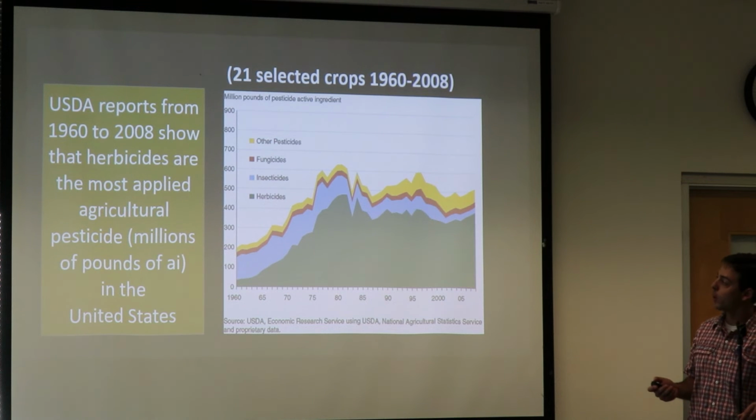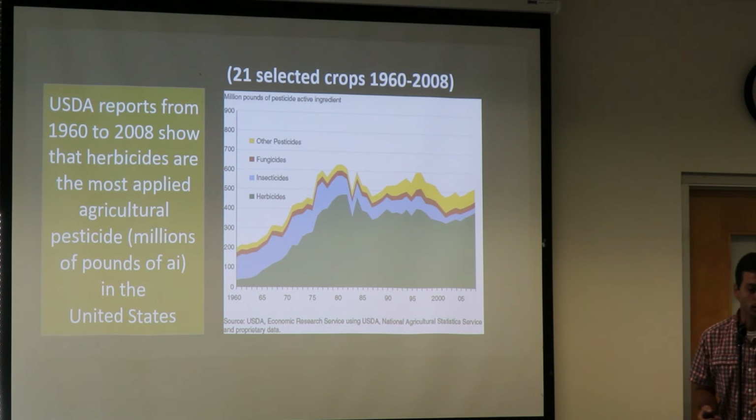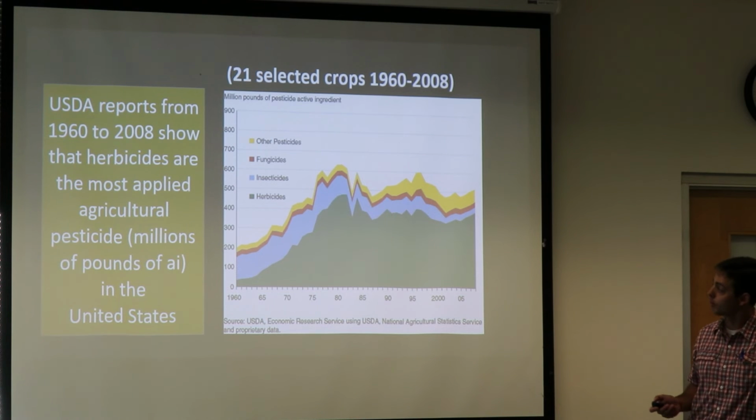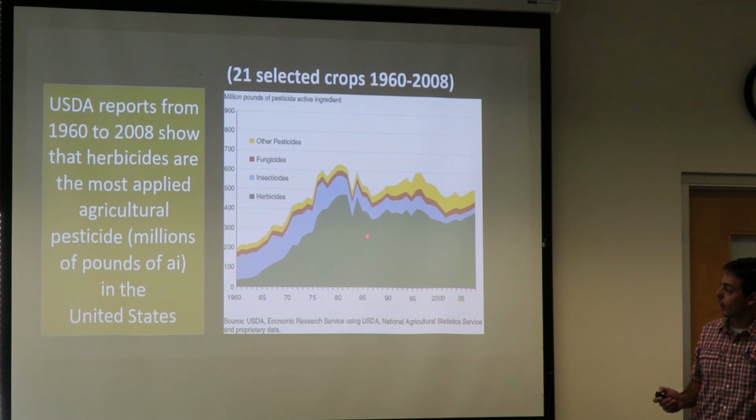And when you think about pesticide use in general, comparing to all the other pesticides that we can use, fungicides, insecticides, herbicides actually are the ones that are most widely used. This graph is showing that the green area is the amount of herbicide used throughout the years, and the other colors are the other pesticides. So we can see that for crop production, herbicides are the most widely used.